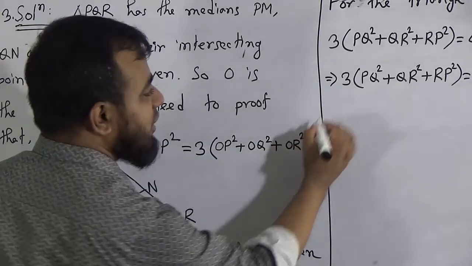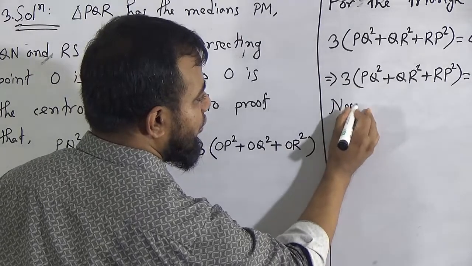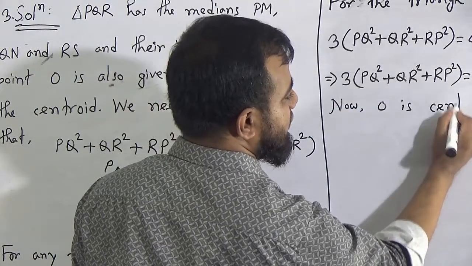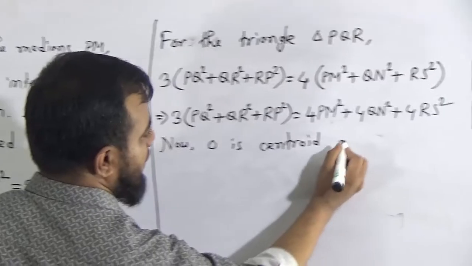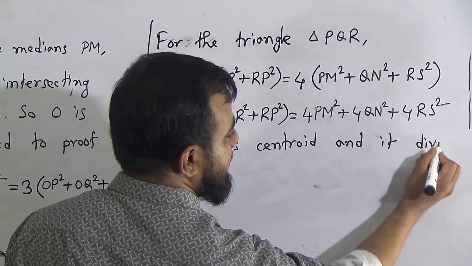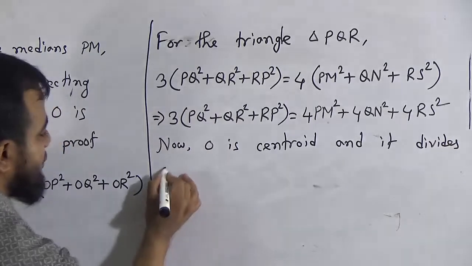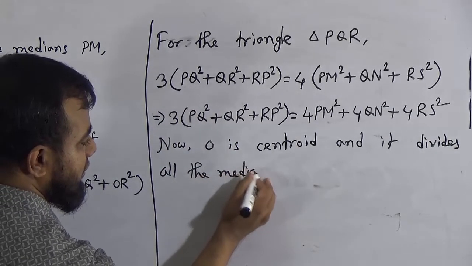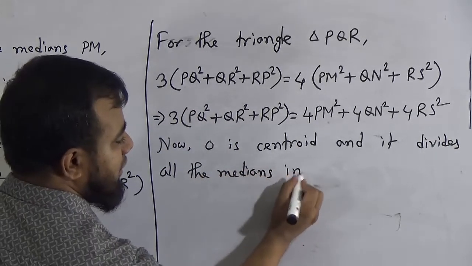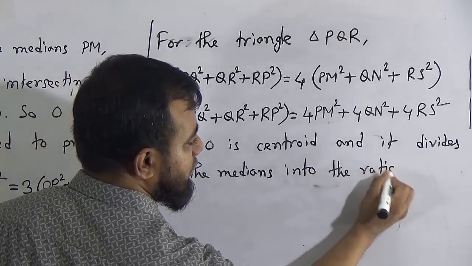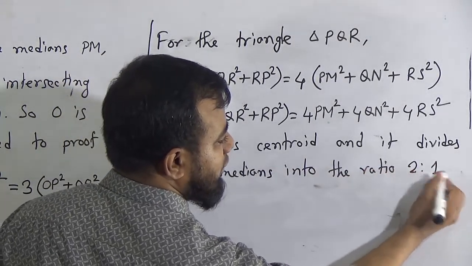Now, O is the centroid and it divides all the medians into the ratio 2:1.